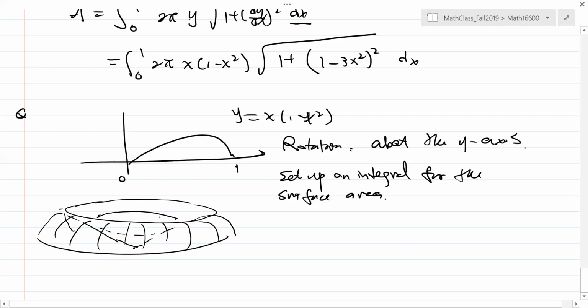You cannot use the y variable, because you cannot solve for x in terms of y. So this is an arbitrary point, x and y, and the rotation is about this axis, right? So that would be the radius.